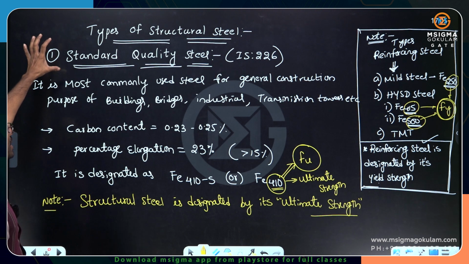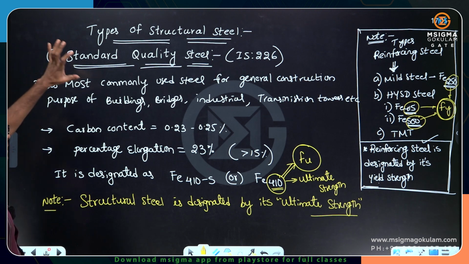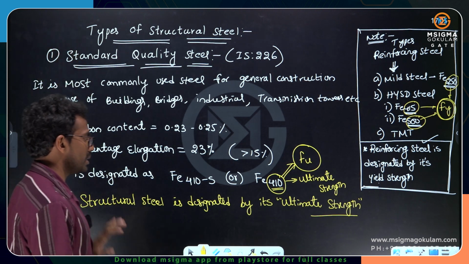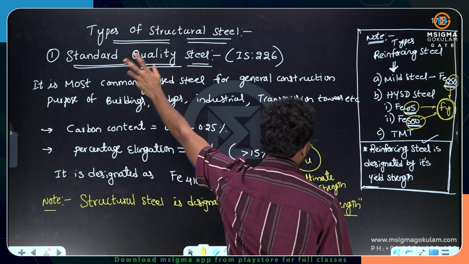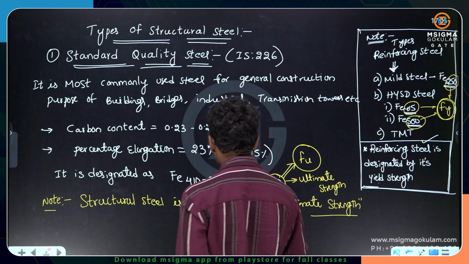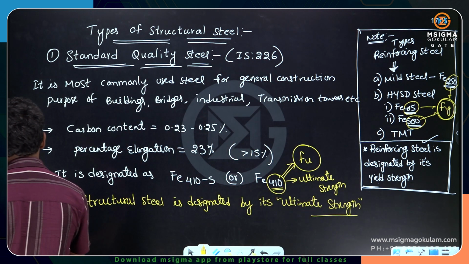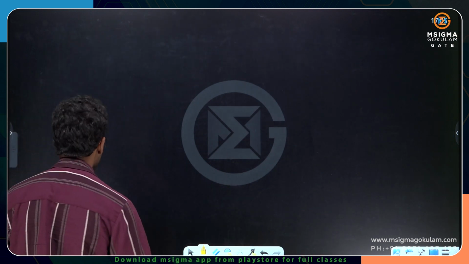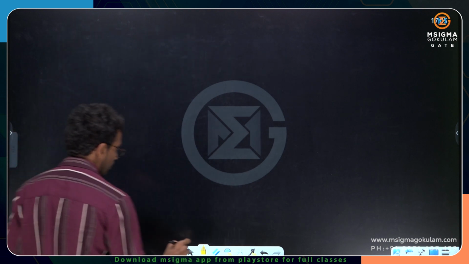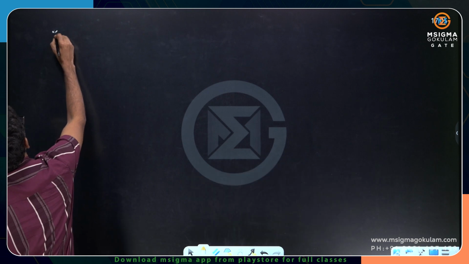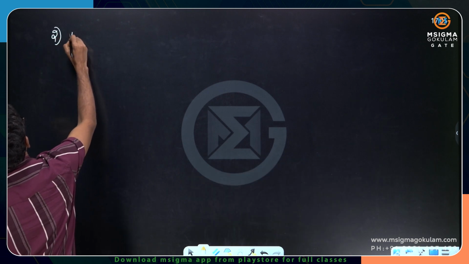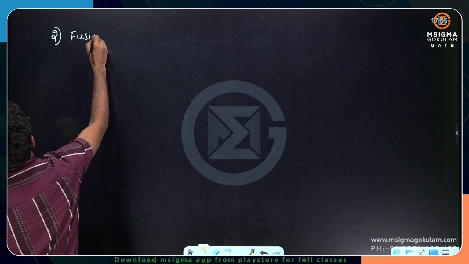So standard quality steel is one of the steels we use for all general construction purposes of steel structures. This is one type of structural steel. Now we have the second variety of structural steel. We'll look at that also. The second type of structural steel is what we call fusion welding quality steel.